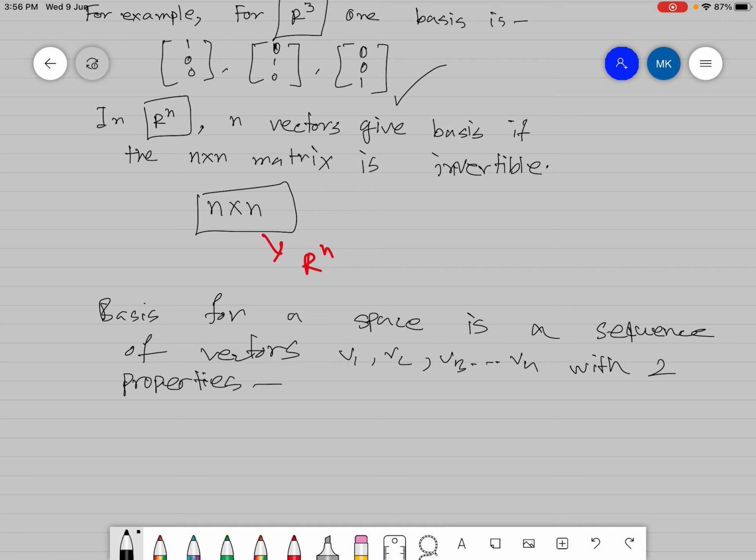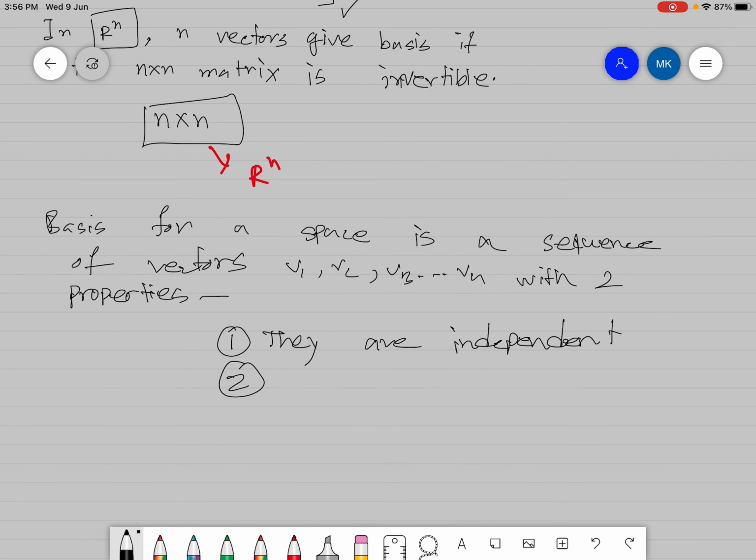What are those two properties? First, they are independent. The basis vectors have to be independent. And the second condition is, as they are a basis for that particular space, they span the whole space.